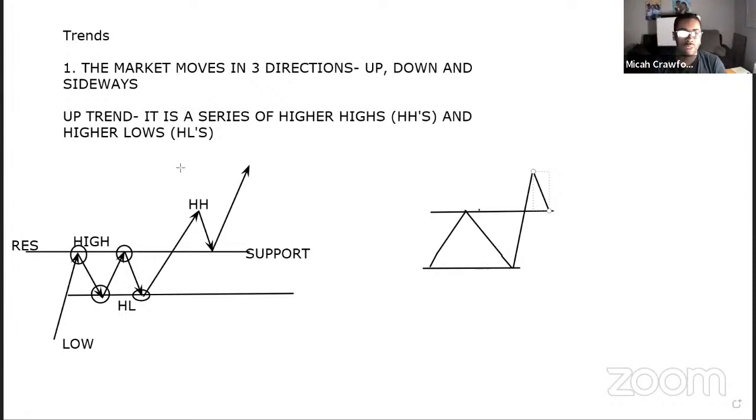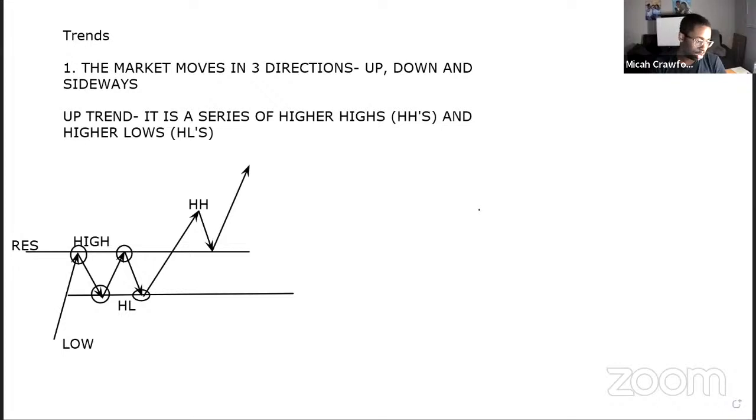All right. So when we're looking for an uptrend, this is typically what we want to look for. We want to see a series of higher highs and higher lows. So we just take our imaginary line, draw it around here. Now I'm waiting for the market to stop, create the higher high, pull back and retest here, or the pullback and retest can come here.